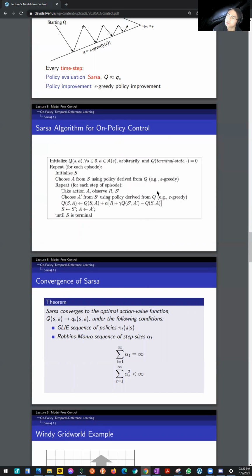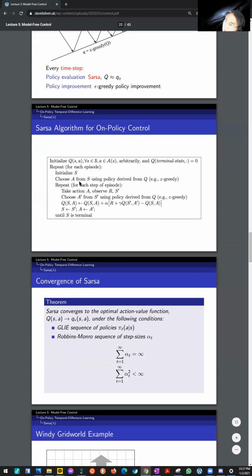The pseudocode here is very simple. We choose some A from S based on our epsilon greedy policy, which is derived from the current Q function, the action value function. And then based on the action that's chosen, we observe the reward and next state, which is randomly given by the environment.